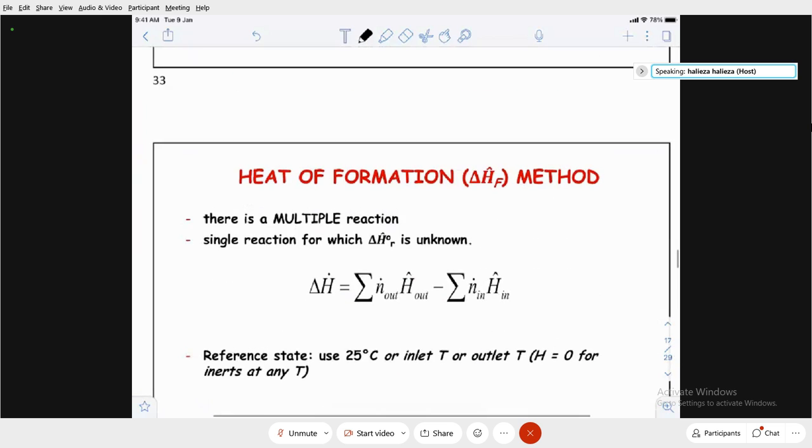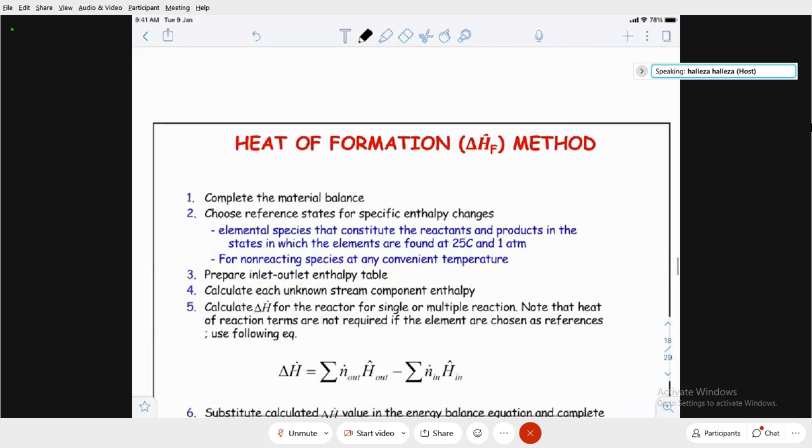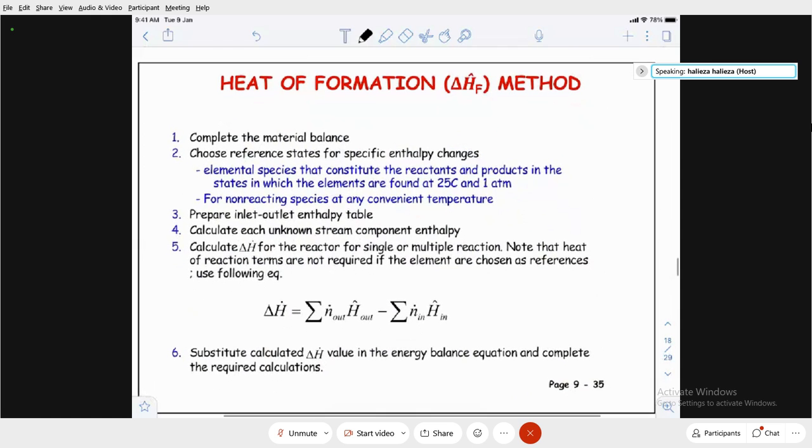Now I have over here the heat of formation method. Do not get confused when I say heat of formation method with the one that we just did using the heat of formation method. The one previously that I have covered is to calculate the heat of reaction. This is to solve for the energy balance.